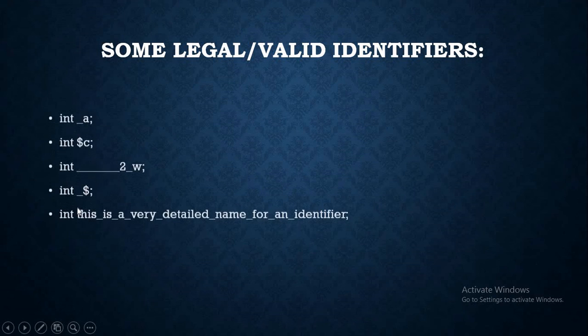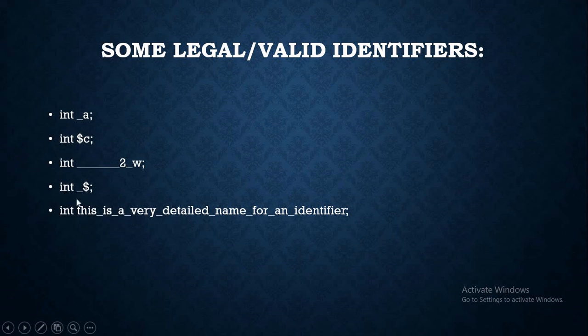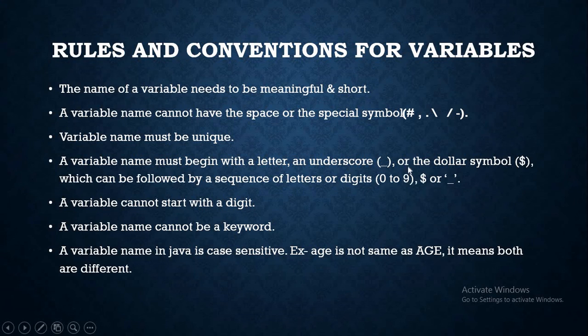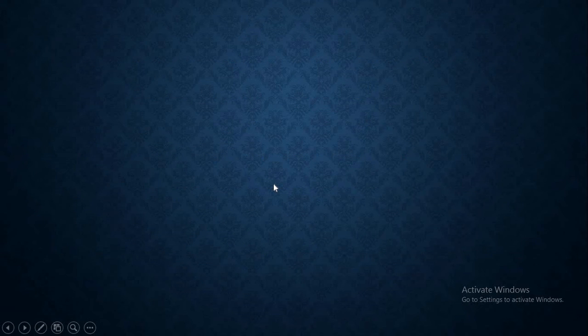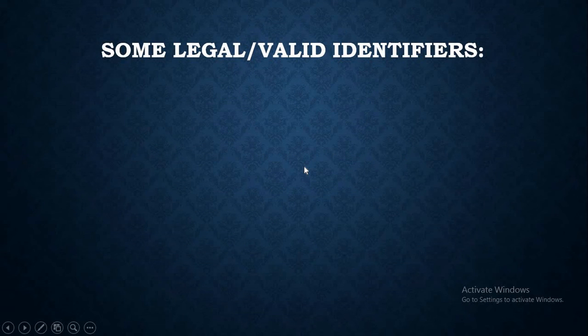This one is also a variable. These underscore and dollar names are all valid in Java, but in the C language they are not valid. Here in the Java language all these things are valid.